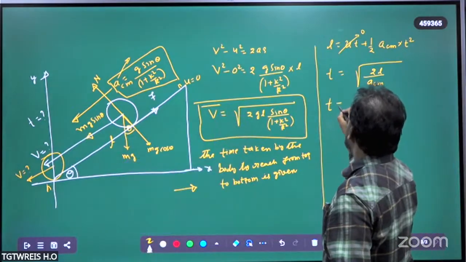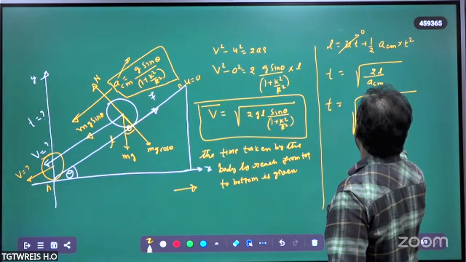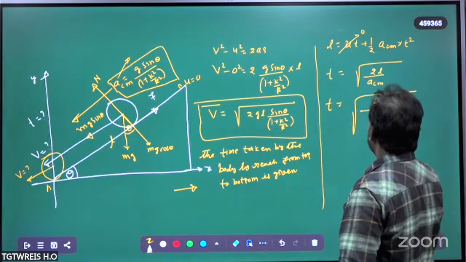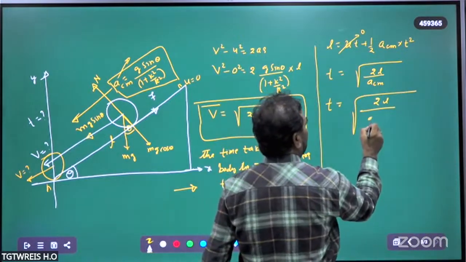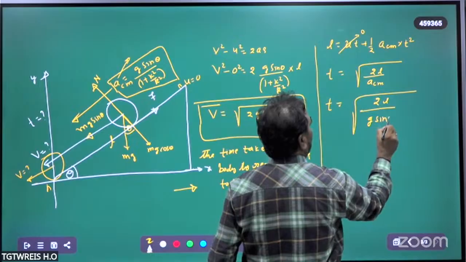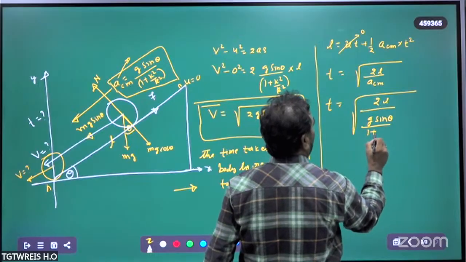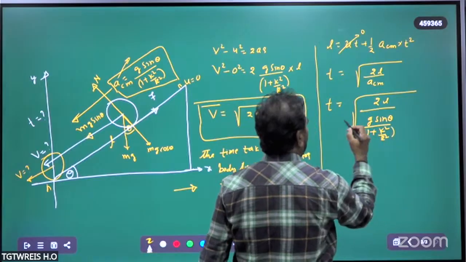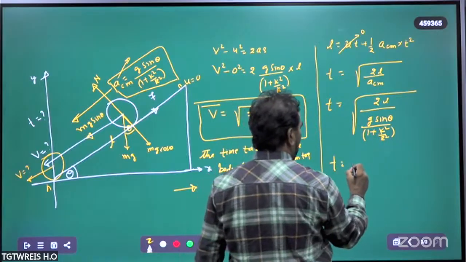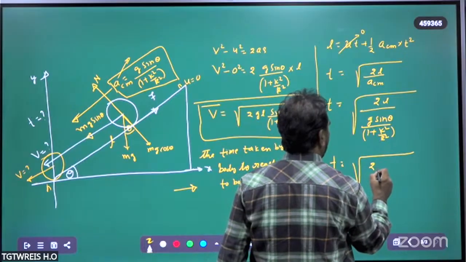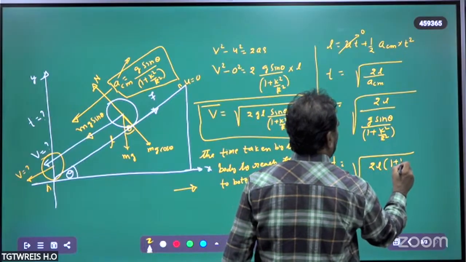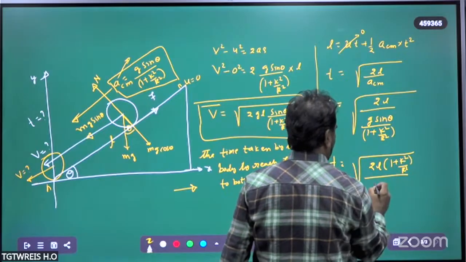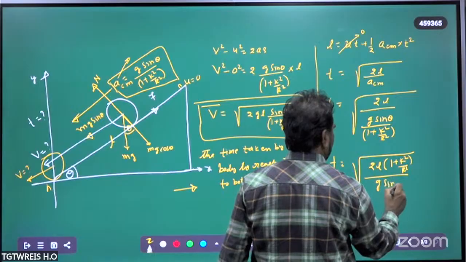That is t is equal to root over 2l upon, what is the value of ACM? ACM value is g sin theta upon 1 plus k square upon r square. That is t is equal to root over 2l into 1 plus k square upon r square divided by g sin theta.